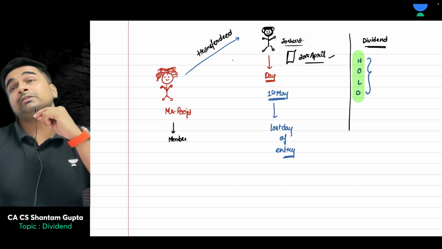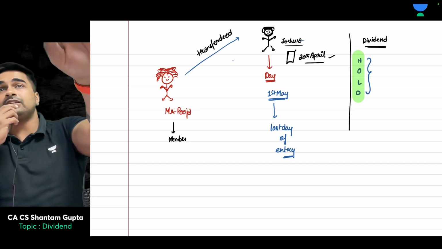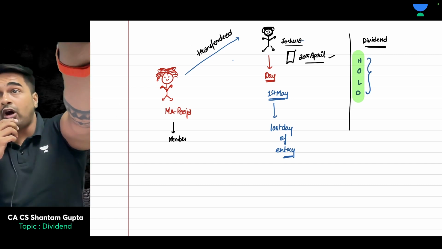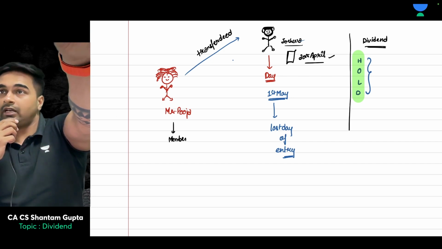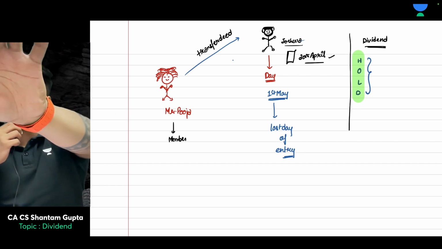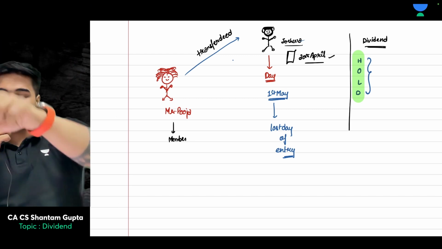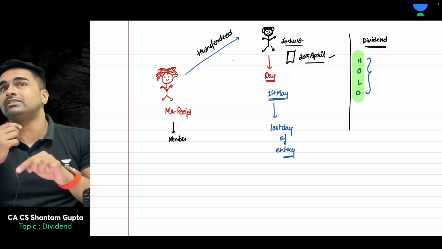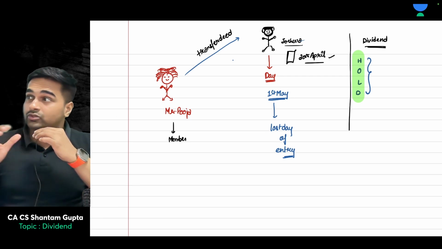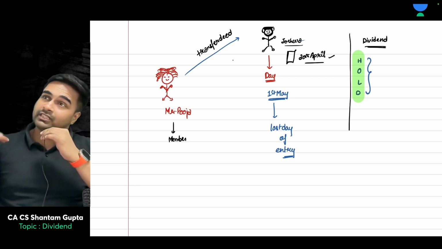In abeyance means basically the company is holding dividend for Joshua, not for Pooja. For Joshua, but not giving it to Joshua because now it is not registered in his name. So the company is just holding it back, keeping it with itself.